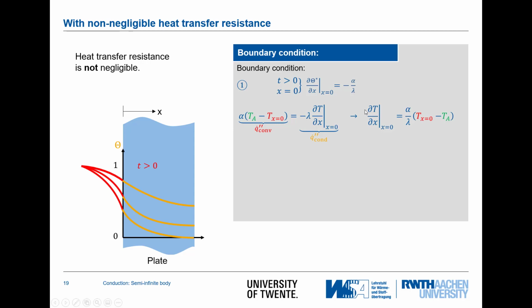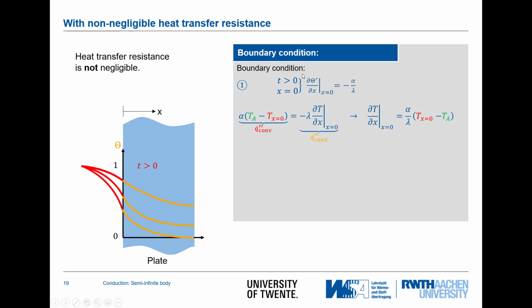In dimensionless form, we can also write this boundary condition, and then it becomes a little bit simpler because this term here is a part of the definition of the dimensionless temperature, and we see that the dimensionless temperature gradient at x equal to 0 is minus alpha divided by lambda.